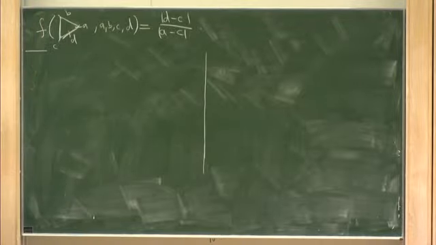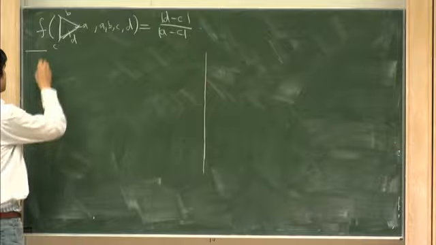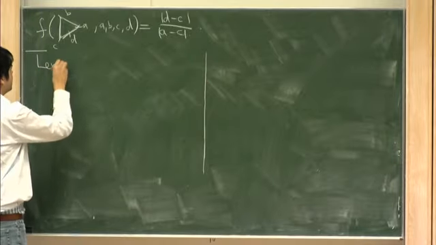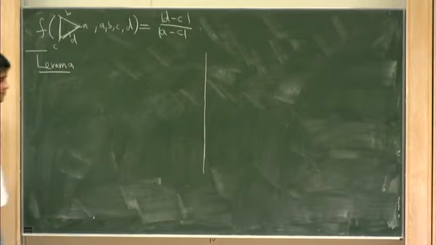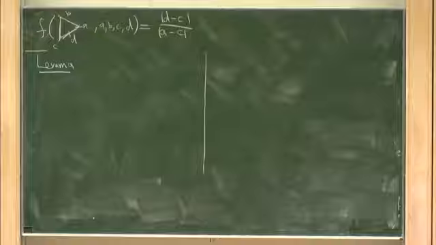So that was the first form. Let me now state a lemma which we are going to use. It's not a very difficult result if you have the Riemann mapping theorem.